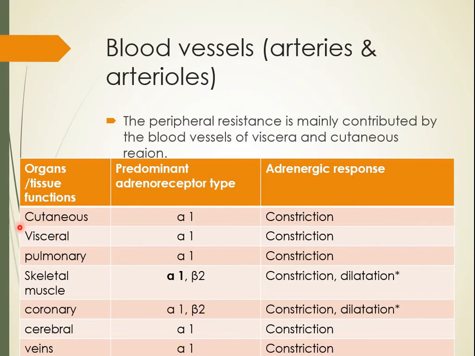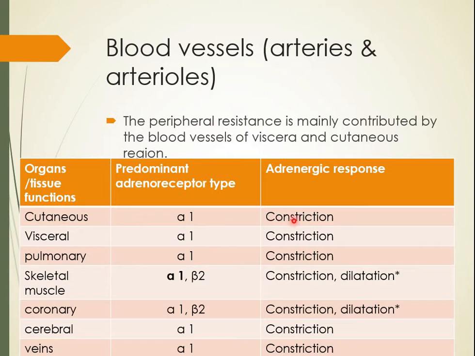So visceral and cutaneous blood vessels contain alpha receptor, especially alpha 1, and constriction through alpha 1 receptors both in the visceral and cutaneous blood vessels will lead to the narrowness of the lumen of these blood vessels, and narrowness of the lumen will lead to increase in force on the wall of the capillaries, and increasing force on the wall of capillary means increasing force per unit area, and increasing force per unit area is mathematically equal to pressure.